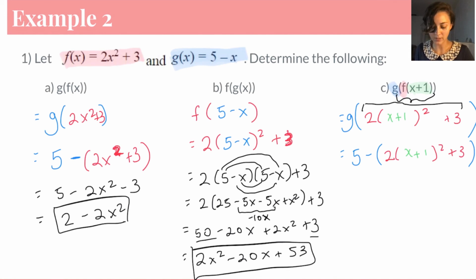And so I hope you can see with my color coding, on the very most inside I have my x plus 1, and then farther out I have my function f, which is 2 times x plus 1 squared plus 3. And then even farther out I have my function g, which is on the outside, which is 5 minus everything that was in the inside of g.